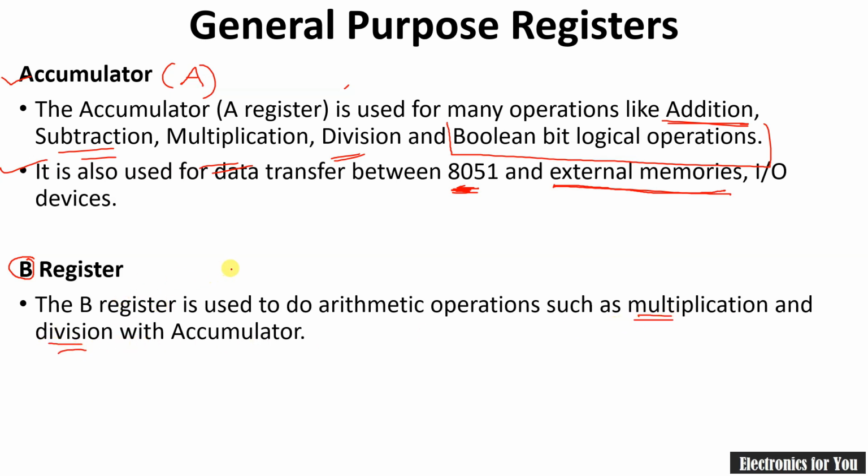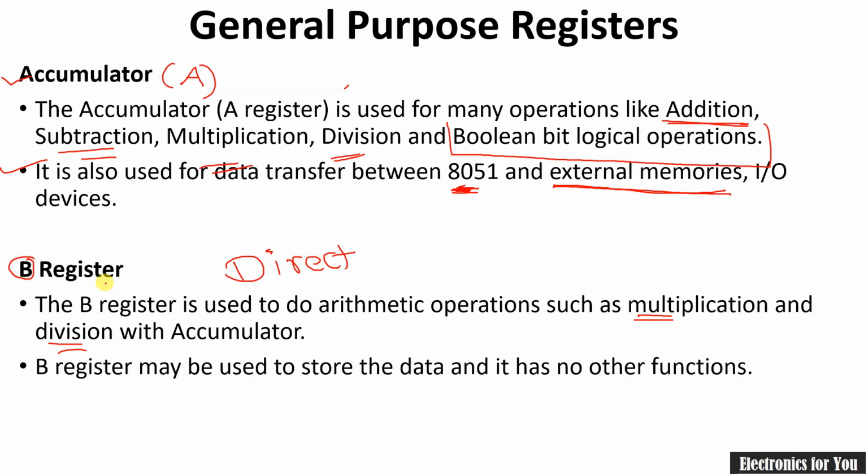If we access it by using direct addressing mode, then it can be used to store data as well as take part in addition, subtraction and other arithmetic functions also. B register may be used to store data and it has no other function. So these two were the special general purpose registers.